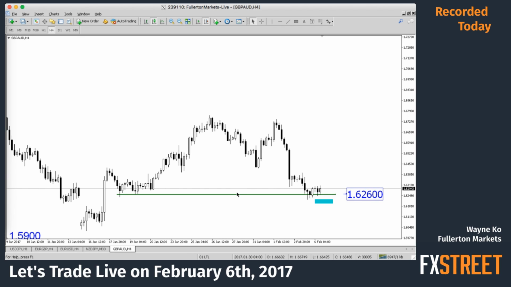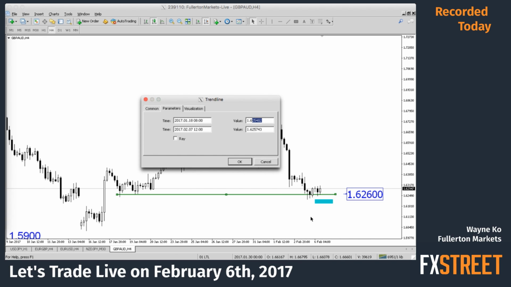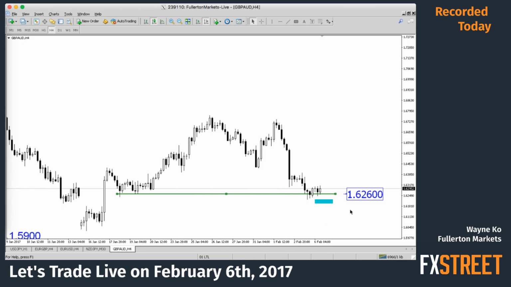The support is around plus minus 1.6260. So if it closes below, then possibly consider going short where the blue box is.